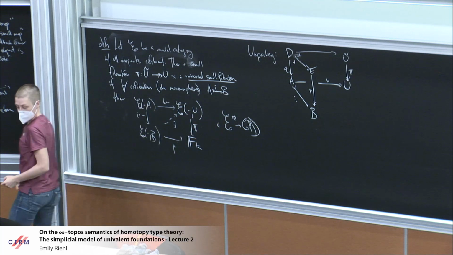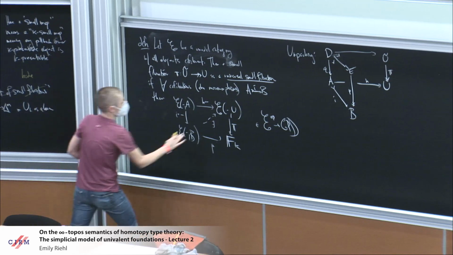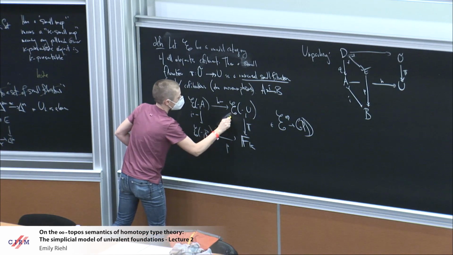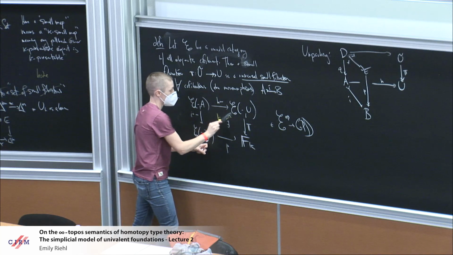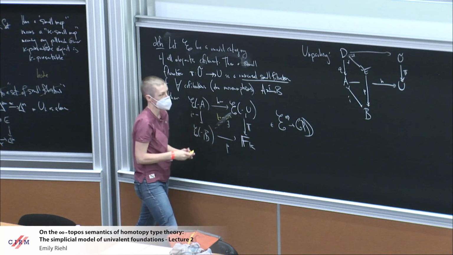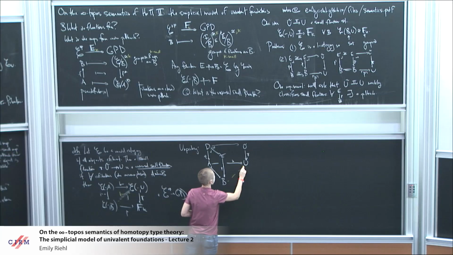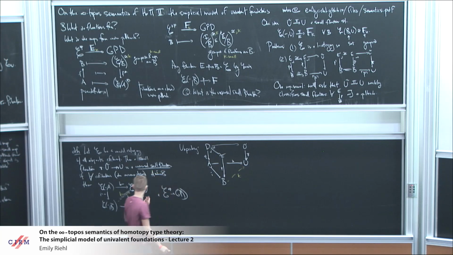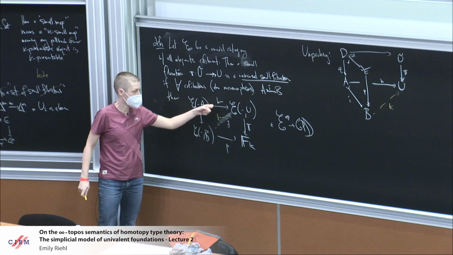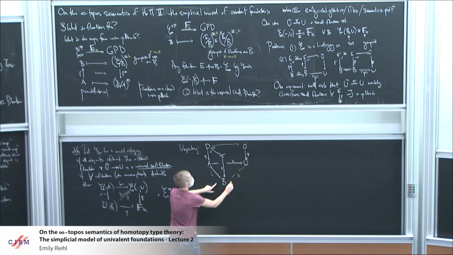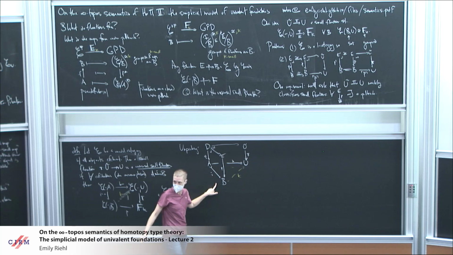Now, a solution to that lifting problem, so that's this dashed diagonal map, by Yoneda corresponds to a morphism K from B to U. So I can stick my K into this diagram. And the fact that the top triangle commutes just says that K restricted along I is H. So in other words, I get commutativity of the bottom triangle in this diagram.